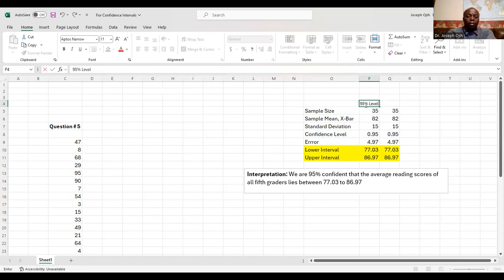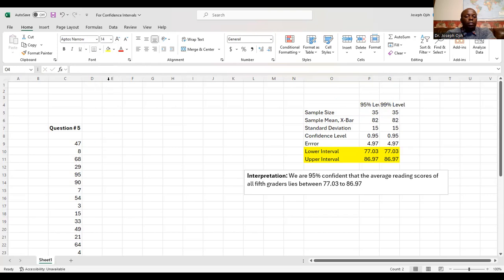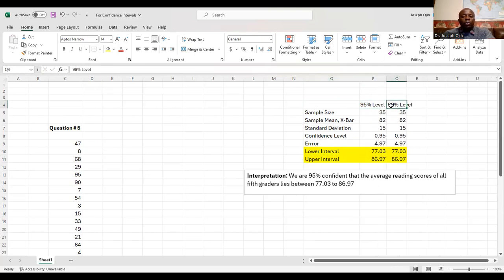And this one will be for 99% level. So all we have to do now is to just change the confidence level, and that will give us our answer.